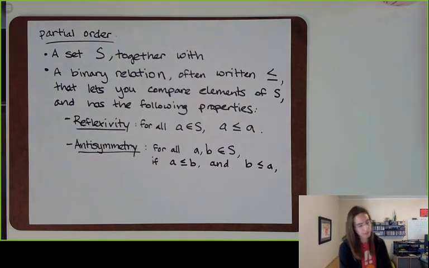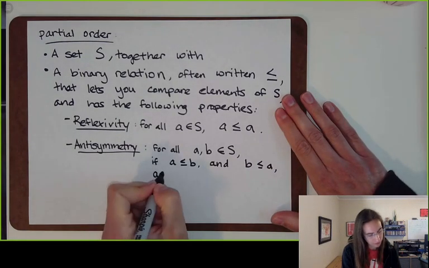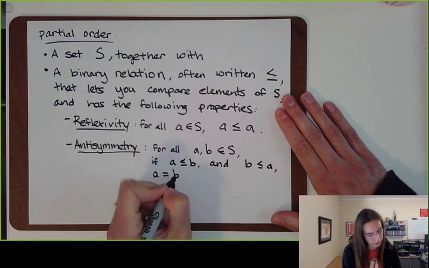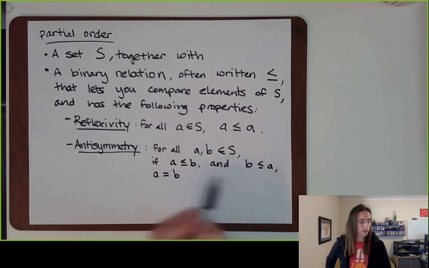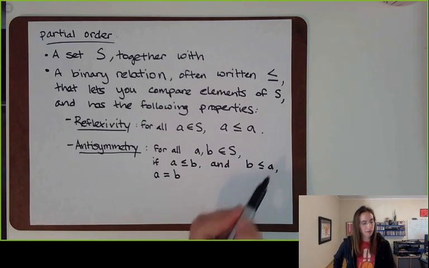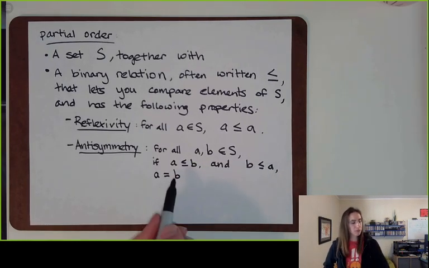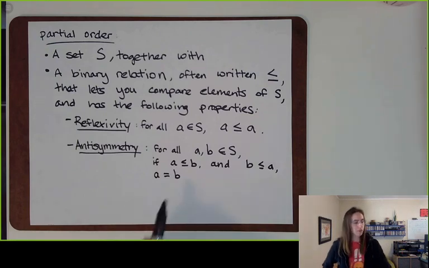Yeah, that's right. Good. So A has to be equal to B. So if I'm going to go around saying that A is less than or equal to B and B is also less than or equal to A, well, the only way that can be true is if A and B are the same. So that's what anti-symmetry says.